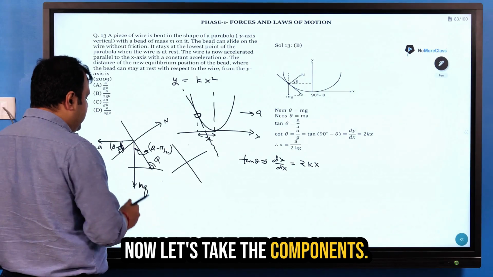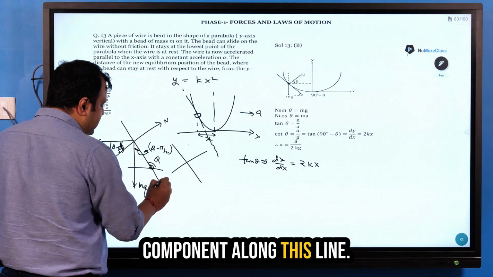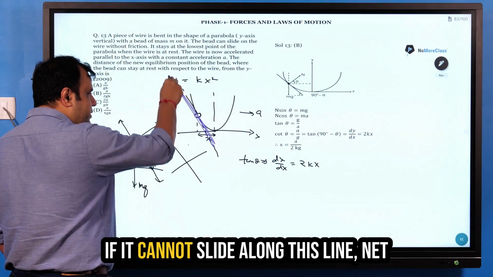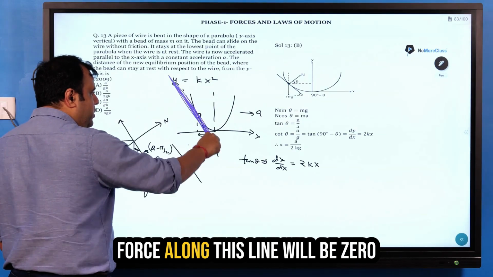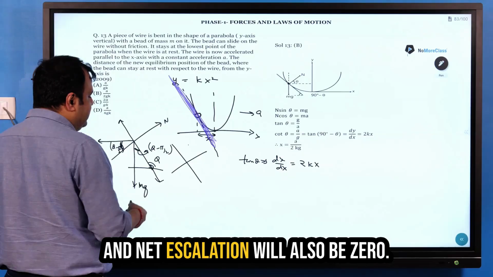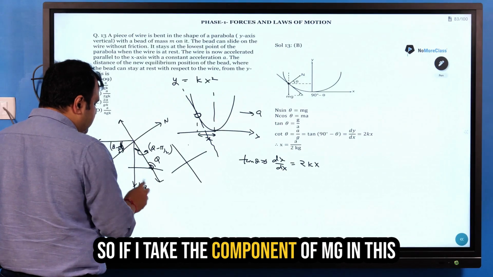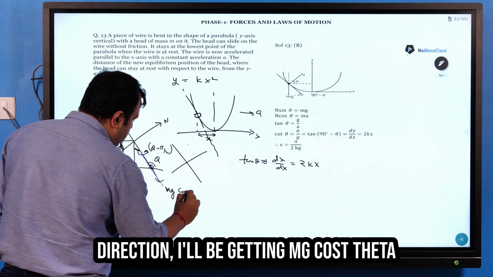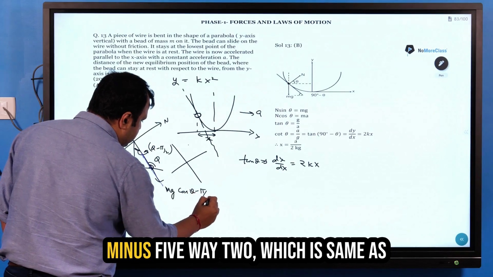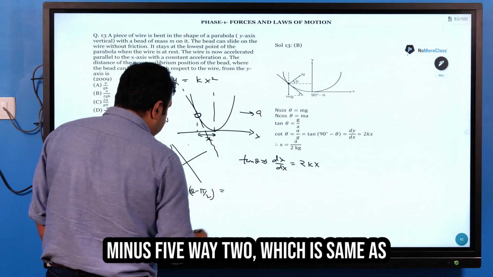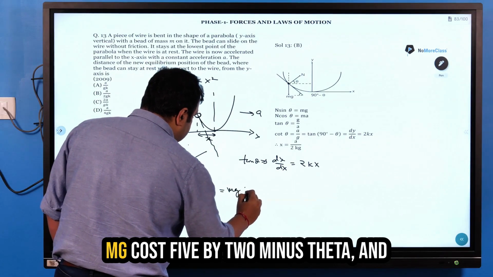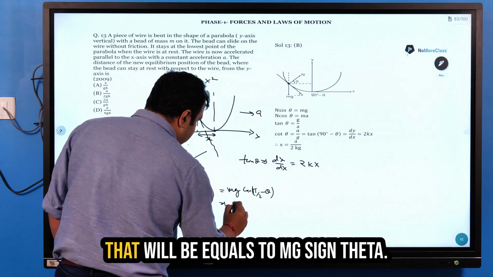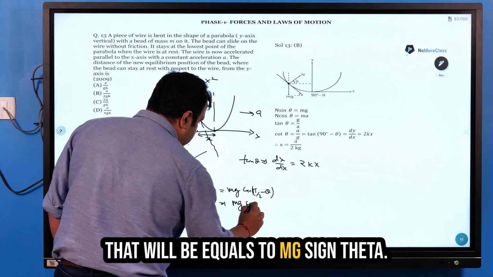Now let's take the components along this line. If this is the equilibrium position, it cannot slide. If it cannot slide along this line, the net force along this line will be 0 and net acceleration will also be 0. If I take the component of mg in this direction, I get mg cos(theta minus pi by 2), which is the same as mg sin theta.